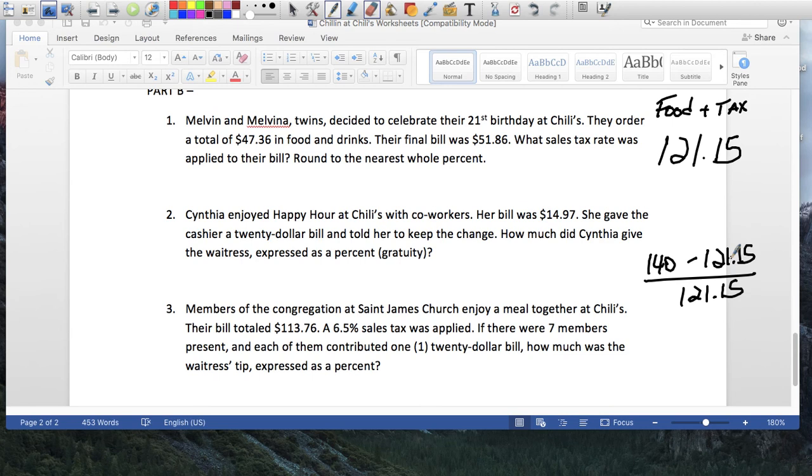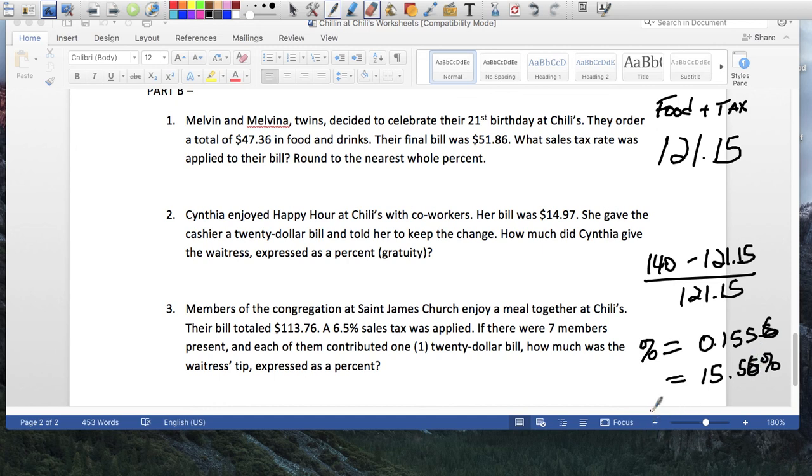So 140 minus 121.15 equals 18.85. And if you divide that by 121.15 equals, and they gave the waitress, as a decimal first, 0.1555, and that's going to be 15.55%. Actually, it could be 15.56 because the next digit is a 9, so that's going to change this to a 6. So that would have been the proper answer.